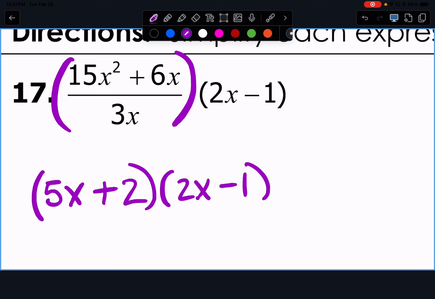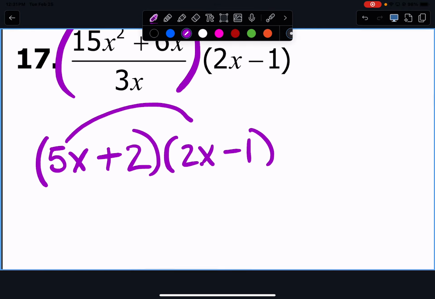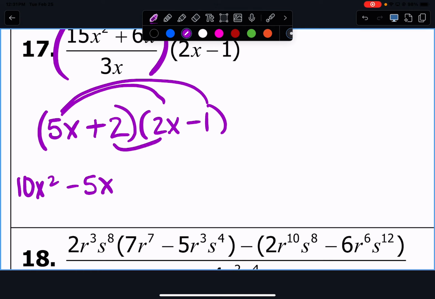Now what do I need to do with those two parentheses? So 5x times 2x is what? 10x squared. Yep. 5x times negative 1. Negative 5x. 2 times 2x. Positive 4x.